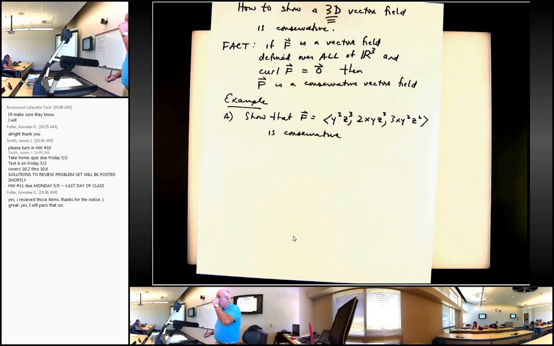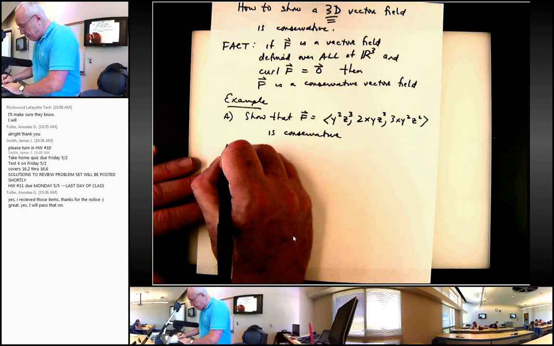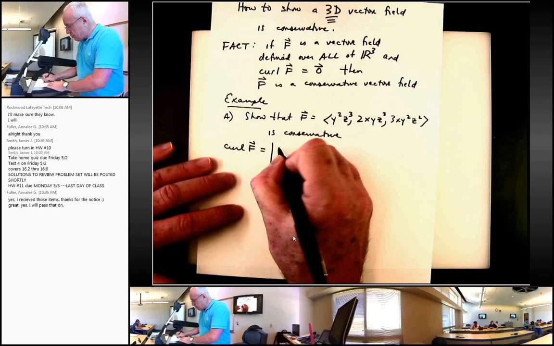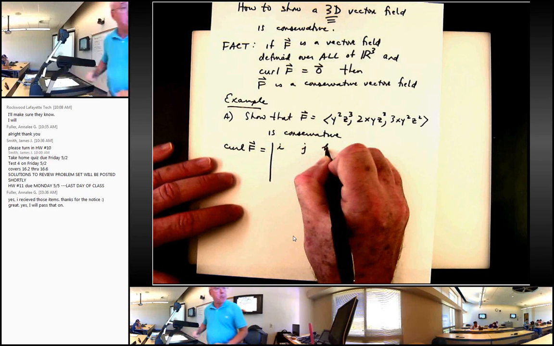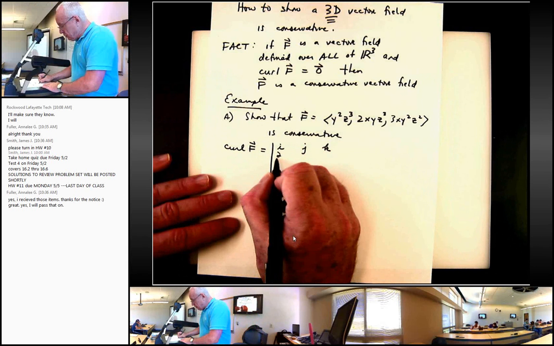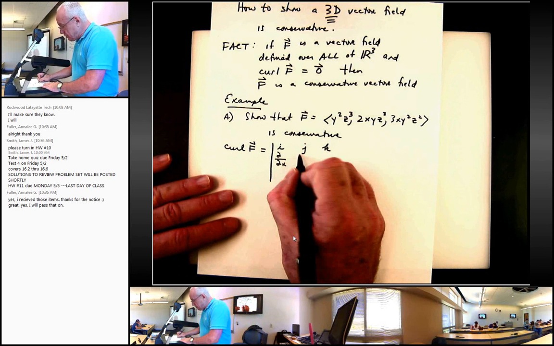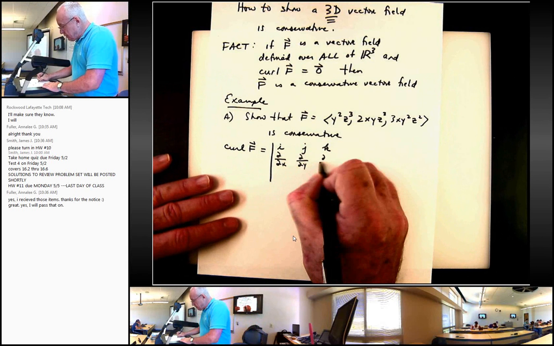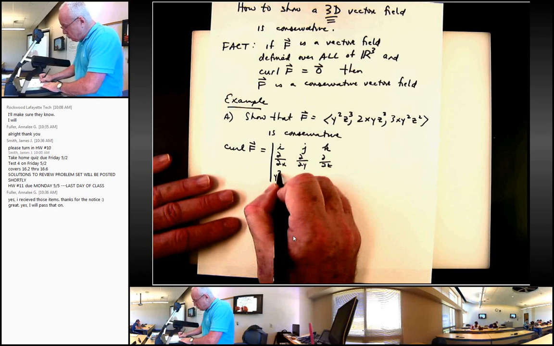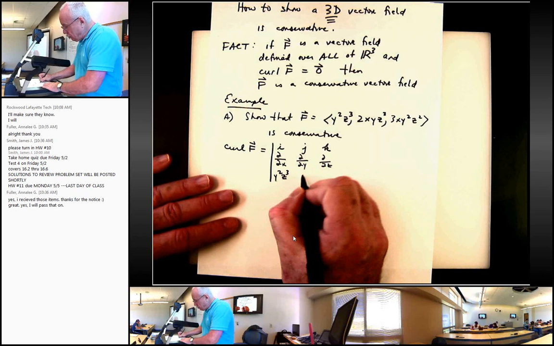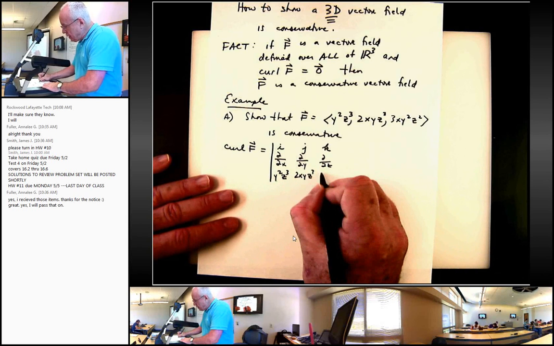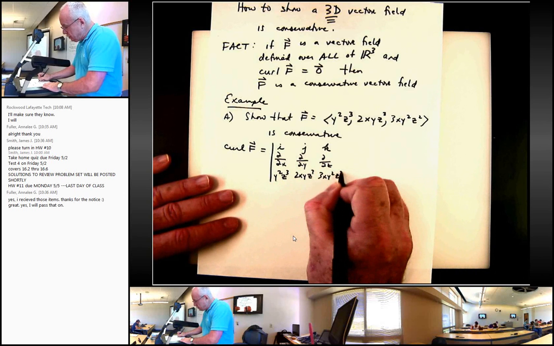Okay, so we're going to calculate the curl of F. All right, so we start out with our i, j, and k, and then we put our operators here, del/del x, del/del y, del/del z, and then our last row is going to be our components: y squared z to the third, 2xy z to the third, 3xy squared z squared.